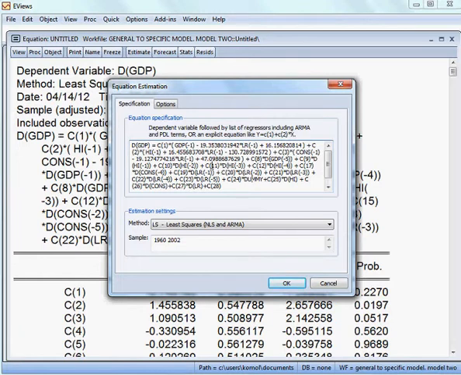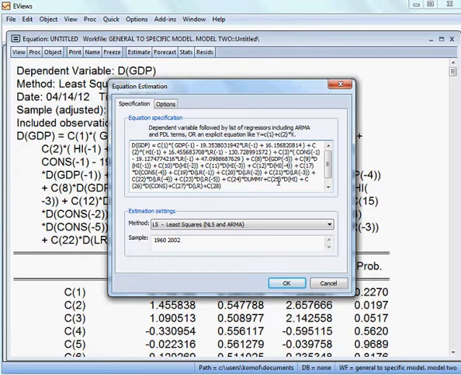Then C8, C9, C10, C11, C12, C17, C19, C20, C21, C22, C23. Okay, C23 done. Then I add the dummy.